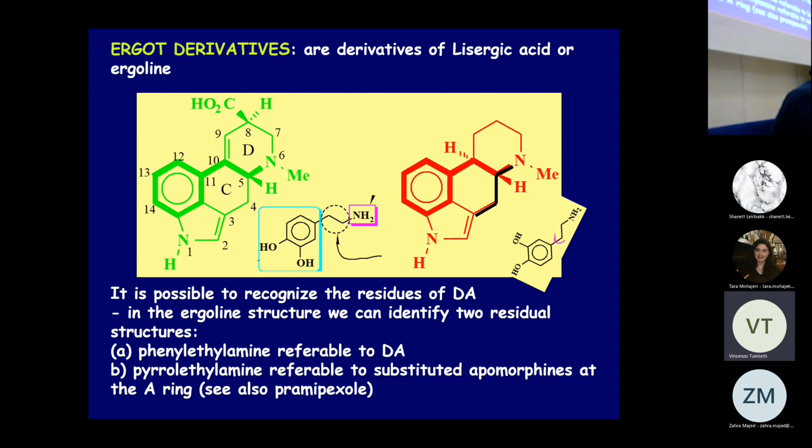So once again, inside the chemical structure of these derivatives of ergot, you can identify the active conformer of dopamine. This is the reason for the effect of this compound on the dopaminergic receptors.